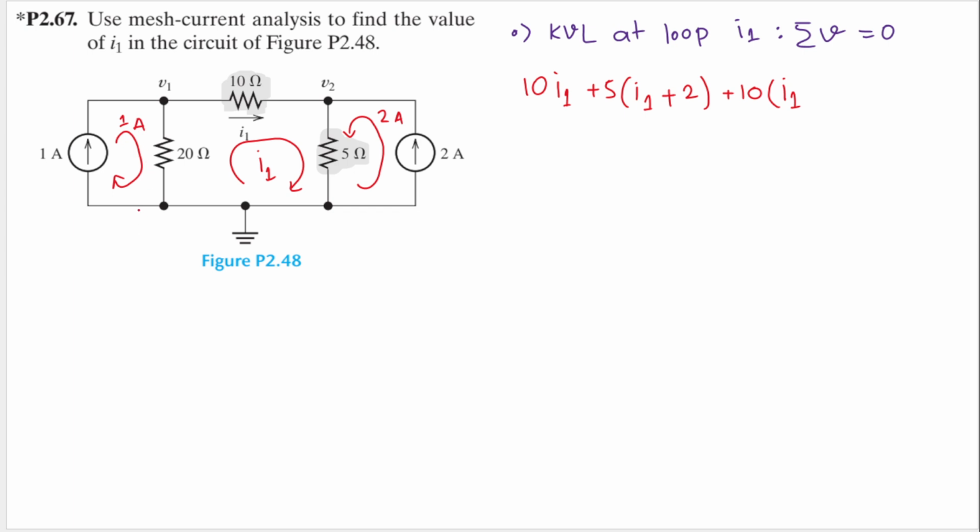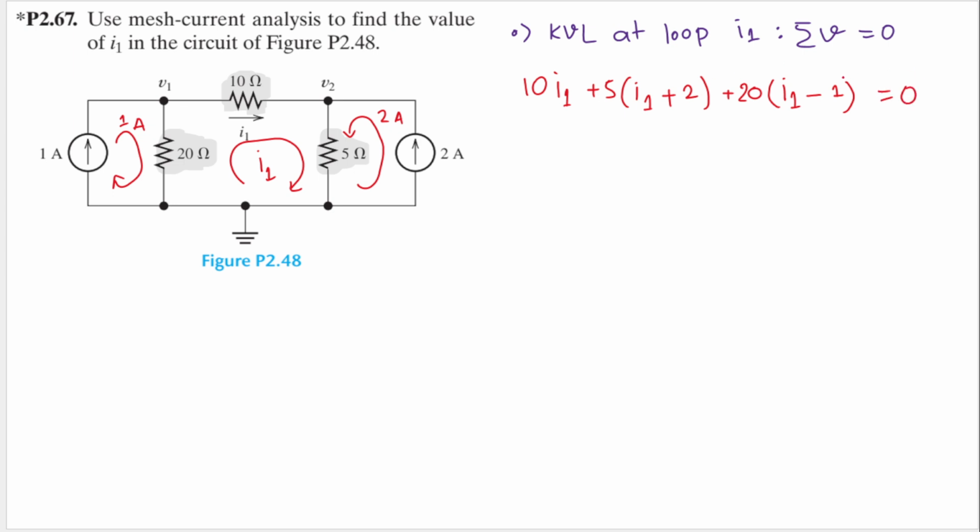So I will have I1 minus 1, multiplied by 20. So we have three terms and all of that will equal 0.